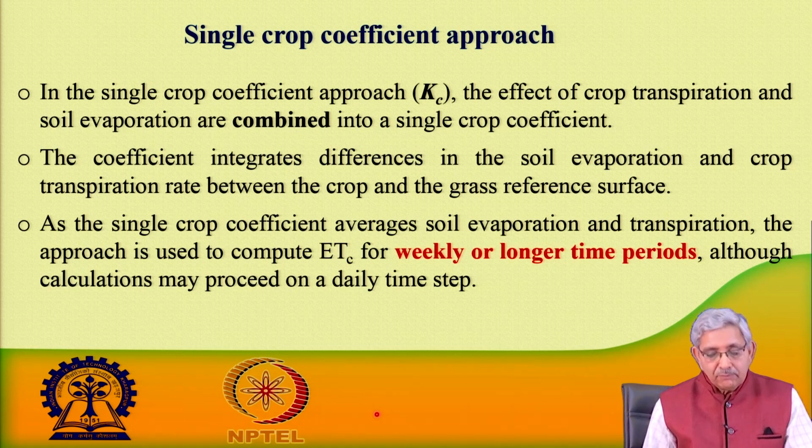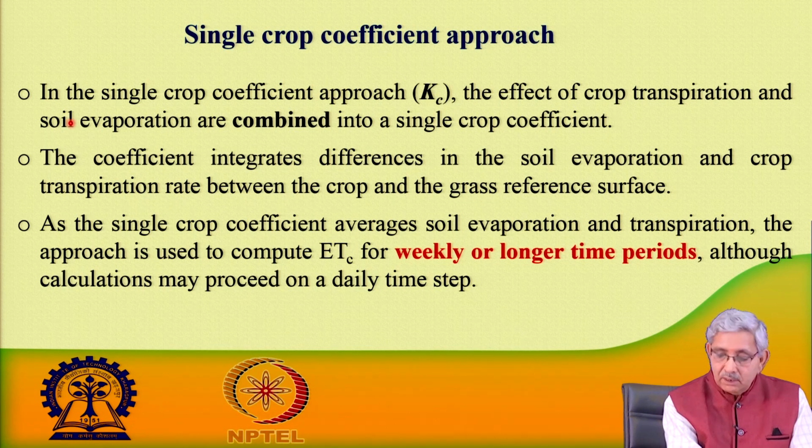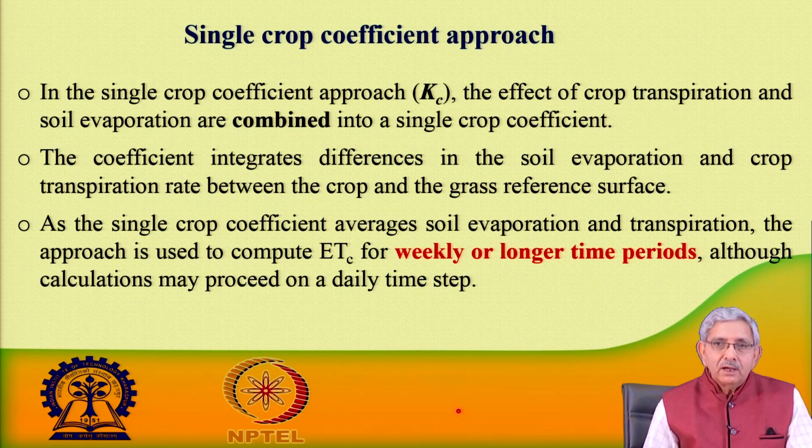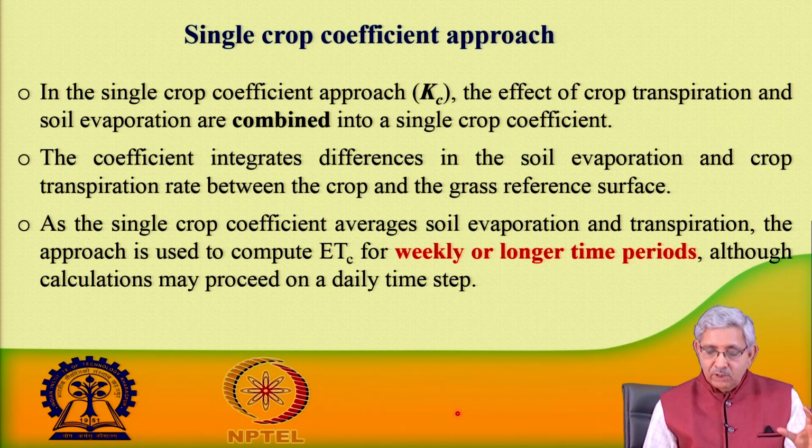Now, in the single crop coefficient approach, the effects of crop transpiration and soil evaporation, these two components, are combined, meaning it involves the Ke and the crop transpiration, that is Kcb. So, both are combined in the single crop coefficient.